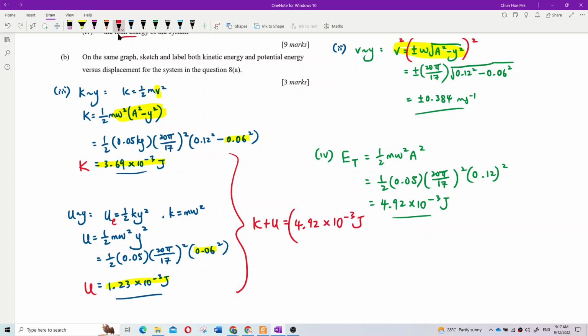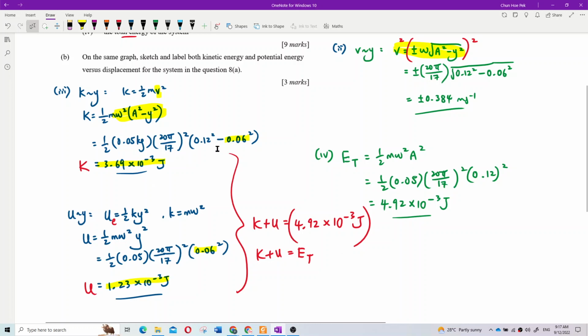What does this mean? That means it is equal to the total energy, isn't it? Right? Yes.